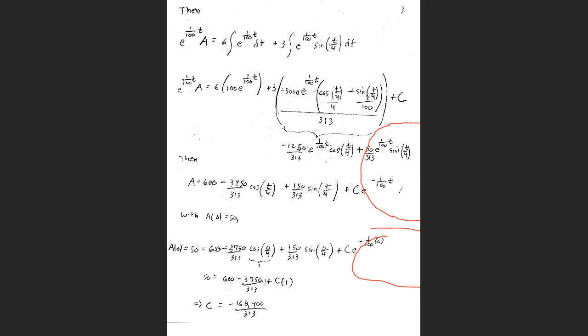So like the negative 5,000, I distribute it on both terms, and that gets me this. But then I'm going to distribute the 3. I'm going to multiply 3 times all of this, and that's going to get me this result.